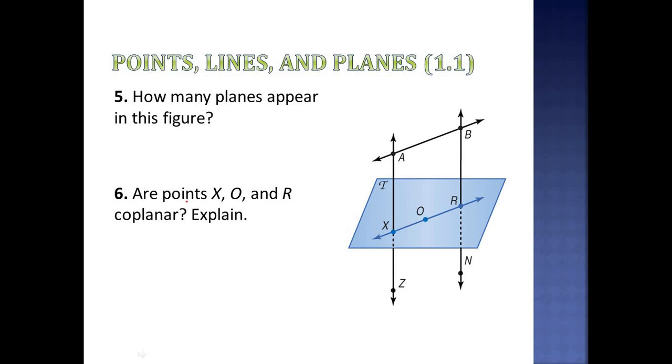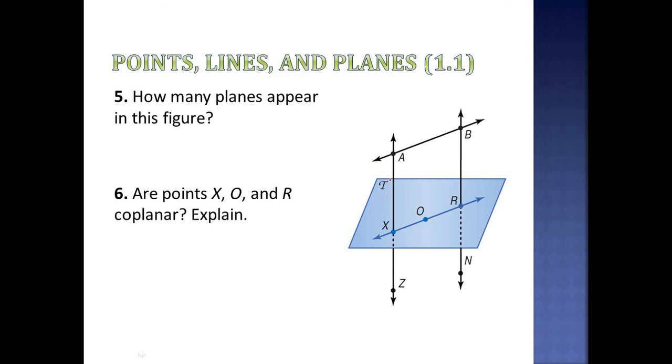And then last few examples here. Let's take a look at how many planes appear in this figure. Okay. Well, we know we have one plane here. We have plane T, right? But then we have to think abstractly and visualize a plane that contains this line, this line, this line, and that line.